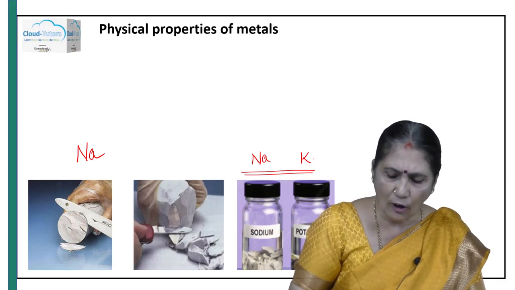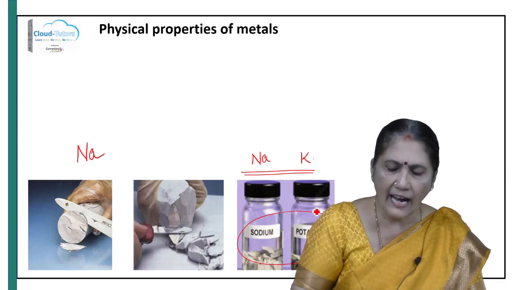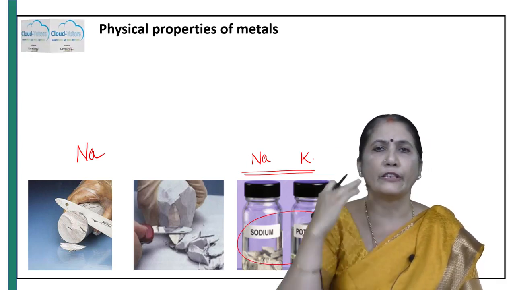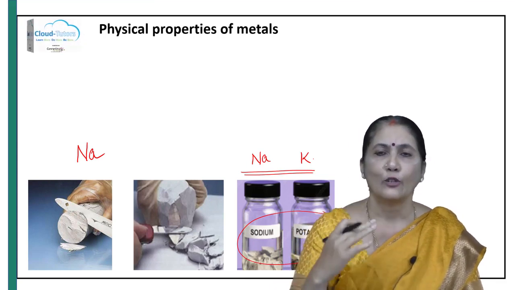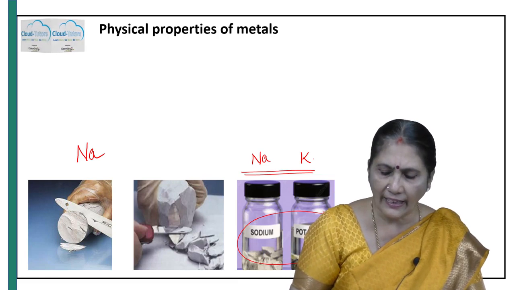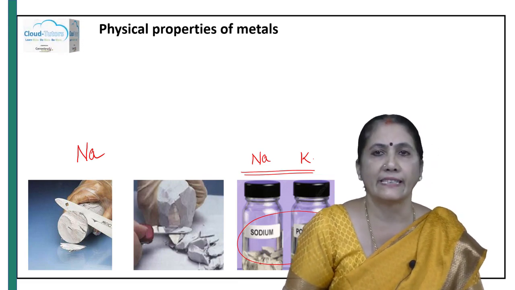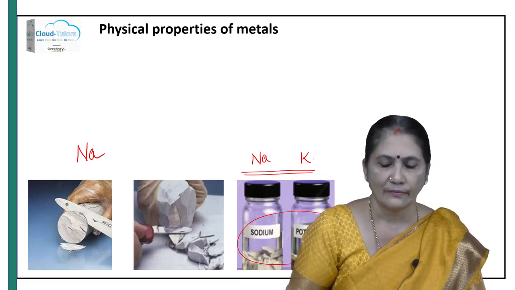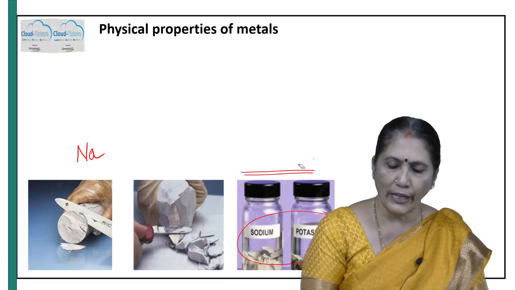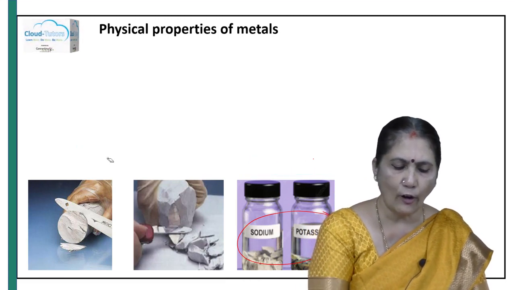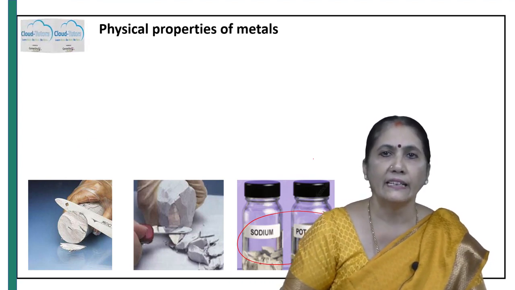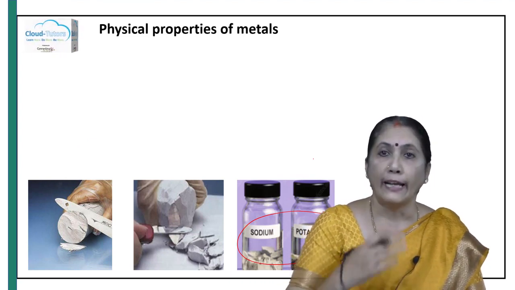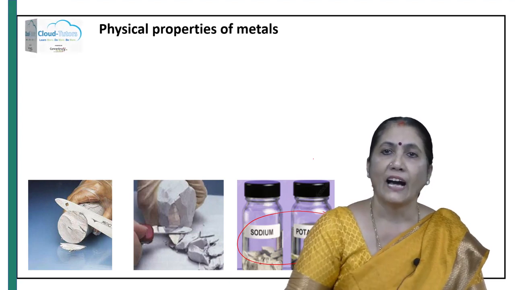So generally, these metals are not kept exposed to atmospheric air. They will catch fire. So they are stored in a liquid which is kerosene. So sodium and potassium are very soft metals, unlike iron, chromium, aluminium, which are very hard.